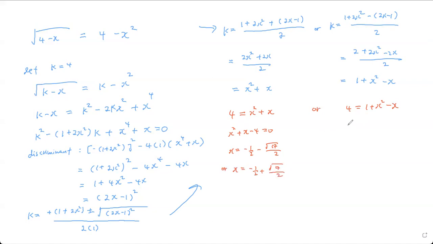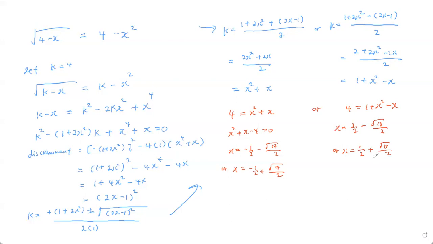Okay, and then for this one, I should get, let me just press in my calculator, x equals half minus root 13 over 2, or x equals half plus root 13 over 2.